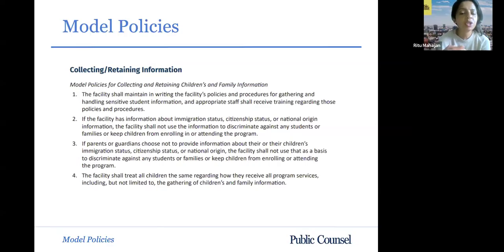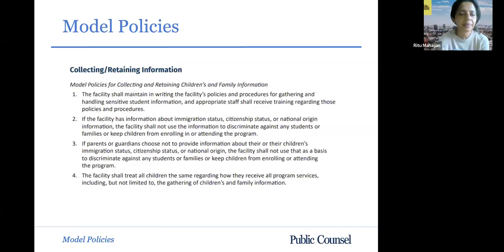And big picture, you're to treat all children, regardless of their status, their origin, their ethnicity, equal. So everybody should be treated the same.